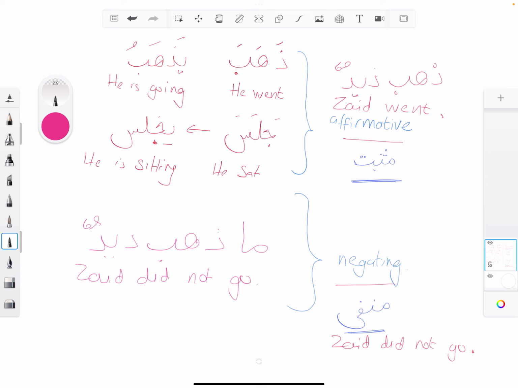There are many ways, and this is the beauty of the Arabic language, but we'll stick with ma. Ma is called a harf, a particle. All you do is put ma before the madi. Ma dhahaba Zaydun.